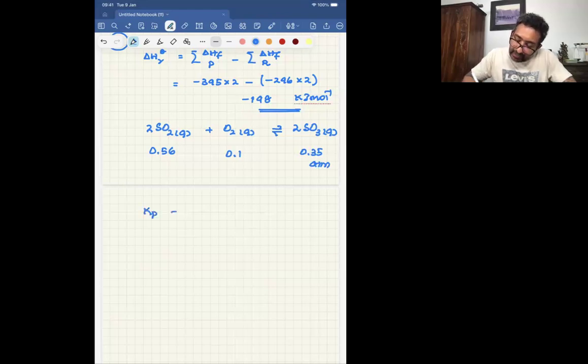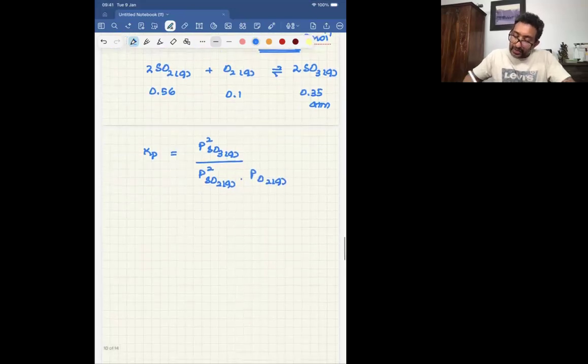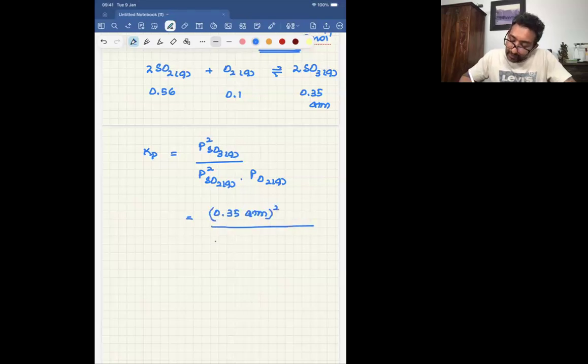Kp is equal to partial pressure of sulfur trioxide gas squared divided by partial pressure of sulfur dioxide gas squared times partial pressure of oxygen gas. So 0.35 atm squared, 0.56 atm squared, oxygen is 0.1 atm.